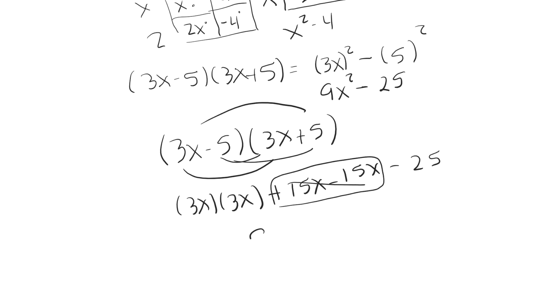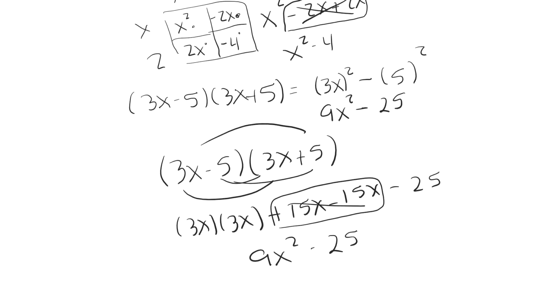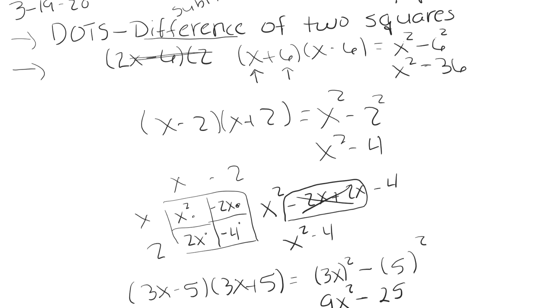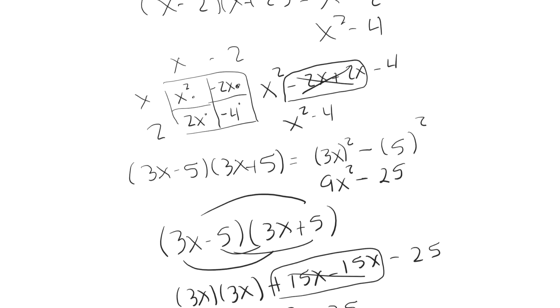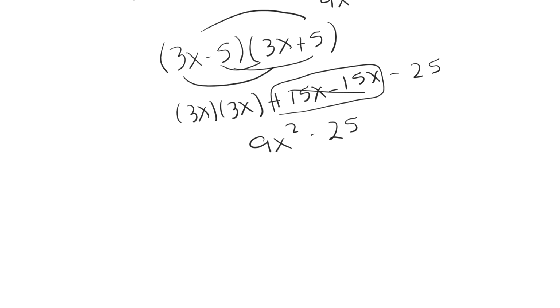And I'm left with 9x squared minus 25. That, my friends, is DOTS. Difference of two squares. The only thing you need to write in your notebook is this. This right here. Difference of two squares. And an example. Which, if you're taking notes, you should have at least one.